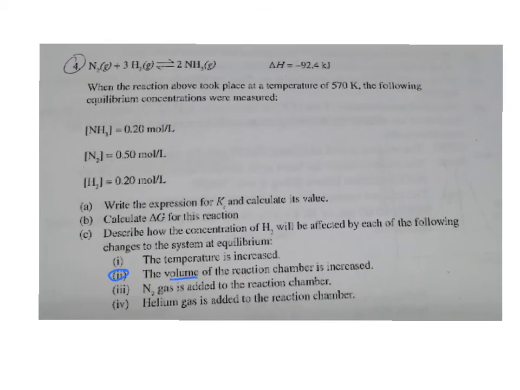In part 2, they want to know which way it'll shift things if the volume of the chamber is increased. So you remember that if we have a reaction chamber with some gases in it, which are our gas reactant component, and if we increase the size of that chamber by pulling up a piston or something else, the gases will spread out. Momentarily, it'll be a decrease in pressure. And of course, the system will want to fix that.